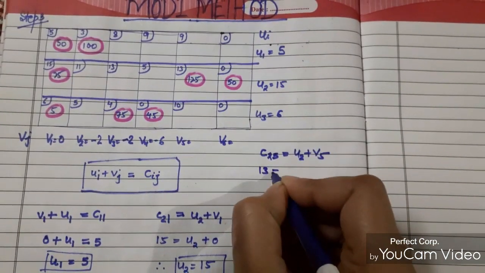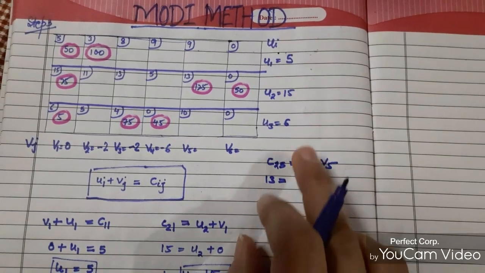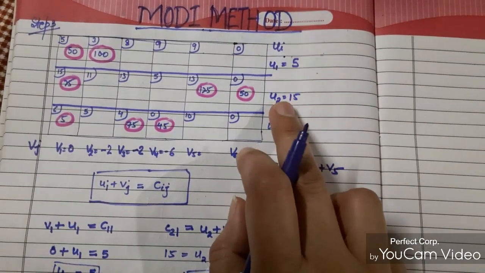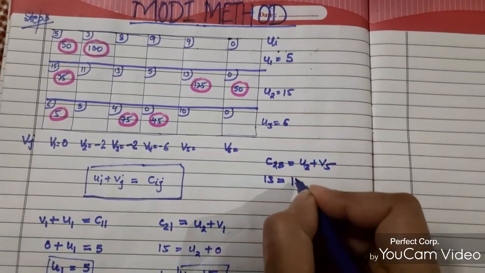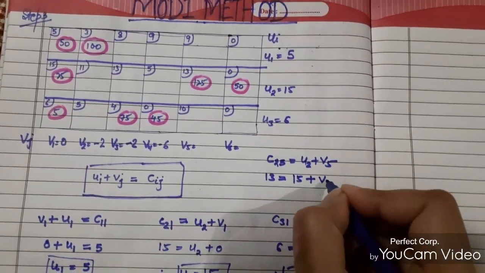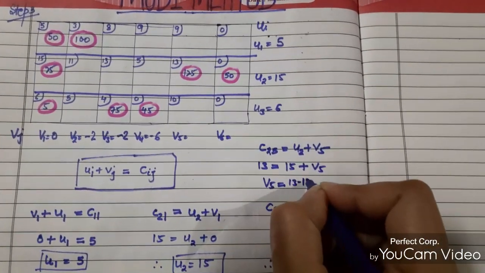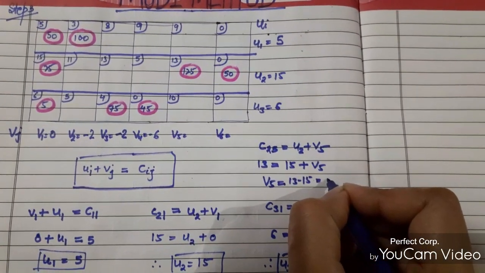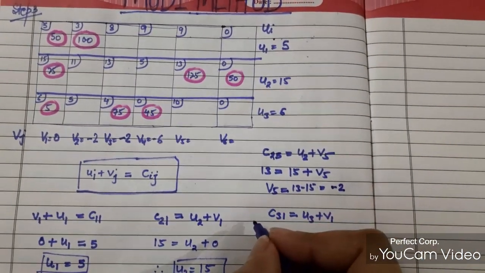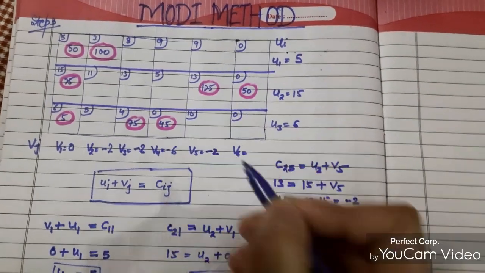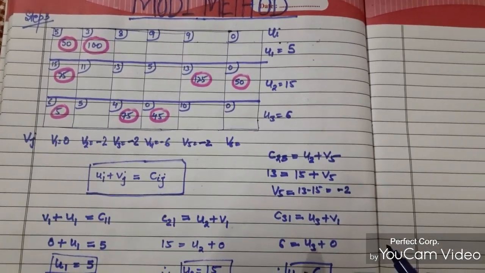So we write 13 equals u2. Do we have the value of u2? Yes, it is 15, plus v5, which we have to calculate. So we get v5 equal to 13 minus 15, or minus 2. Right? So we write v5 is equal to minus 2.